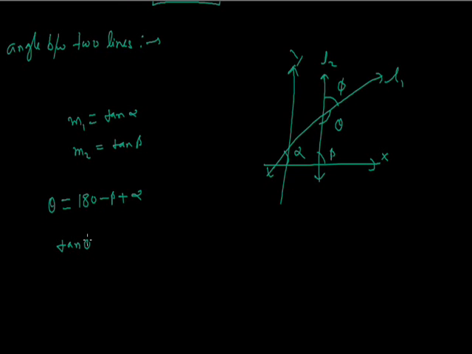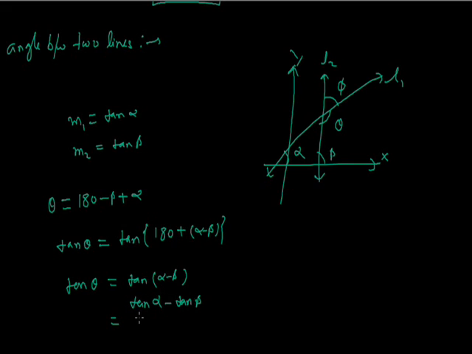Now if we want to find tan theta, it is equal to tan of 180 plus alpha minus beta. Now tan theta is equal to tan of alpha minus beta. Further, we can apply the formula of tan of A minus B. So tan of alpha minus beta is equal to tan alpha minus tan beta upon 1 plus tan alpha tan beta.